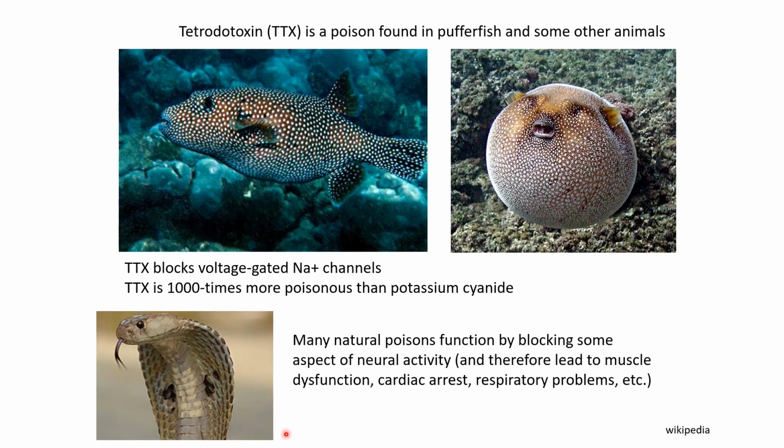So even many poisons derived from snakes also affect some part of the neural activity in the body. They may affect other channels or other receptors in the brain. And because the neural activity is controlling various muscles in the body, any disruption can lead to heart attack or breathing problems or other such severe problems which can easily result in death.